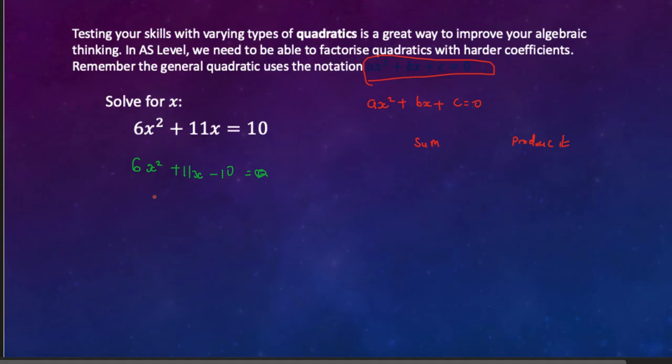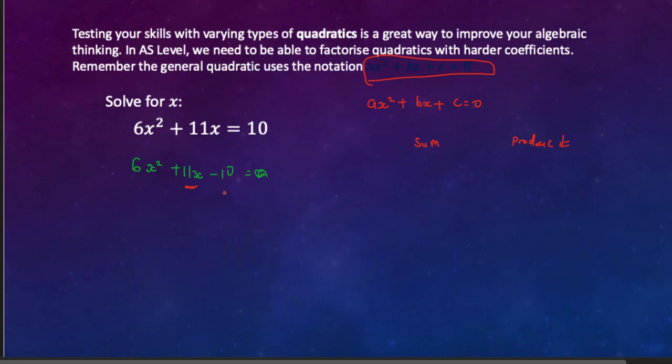So the sum is always the one with the x, the coefficient of x. The b is always the sum, and the c is always the product. Am I clear? The sum is the coefficient of x, and the product is the c, a constant, a number without any letter.